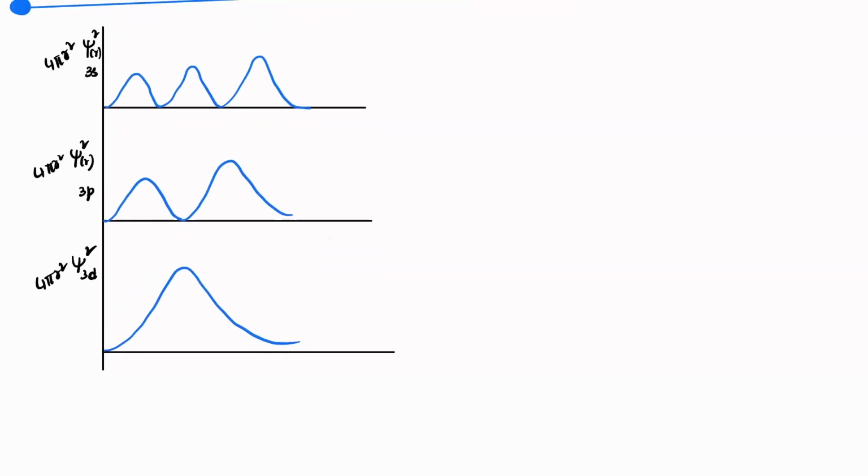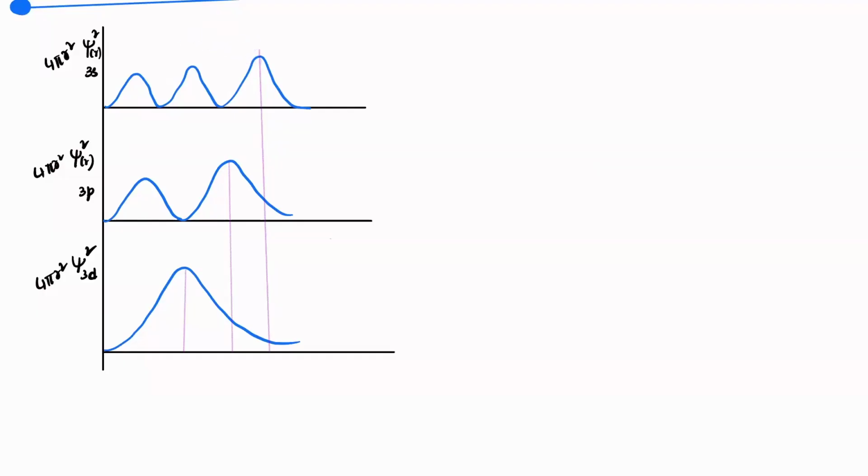What I'm trying to assess from here is, please check out these peak values. This is where the peak value is. Next, this is the peak value for 3p, and this is the peak value for 3d. Now let's say this becomes the boundary of 3s.